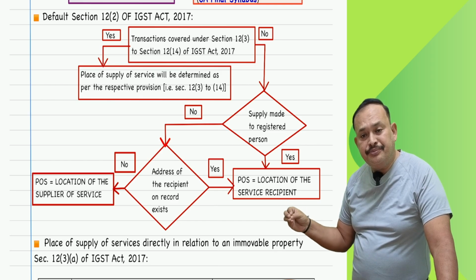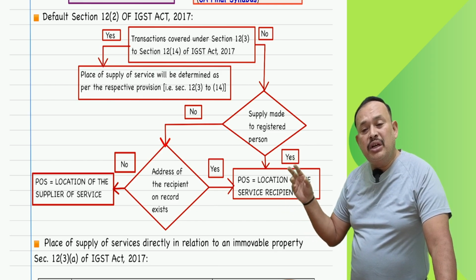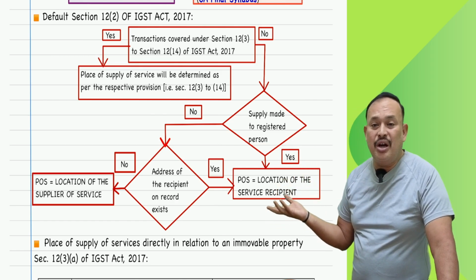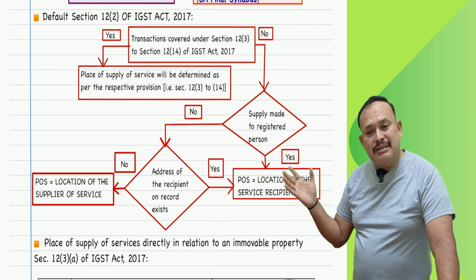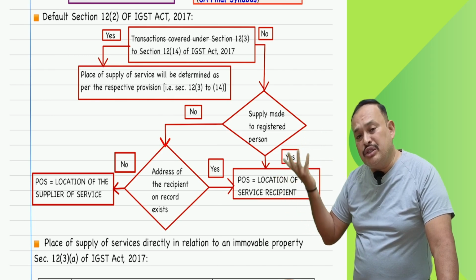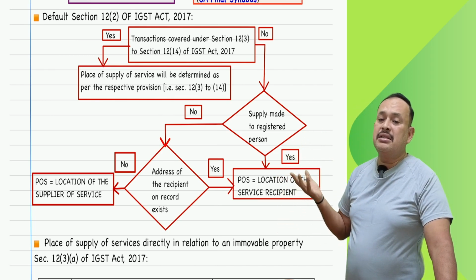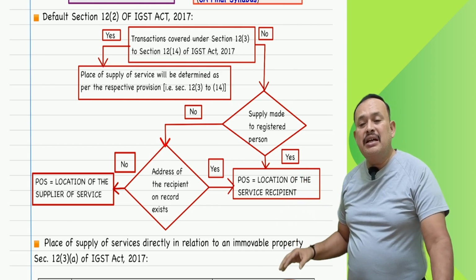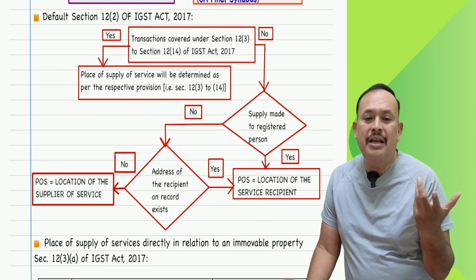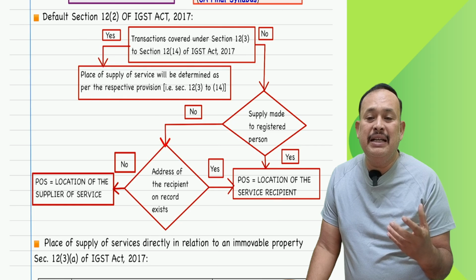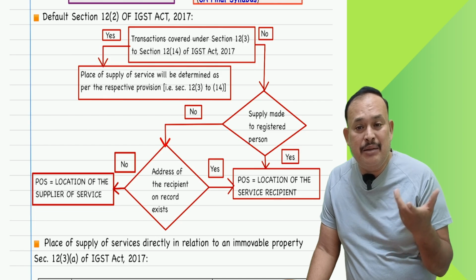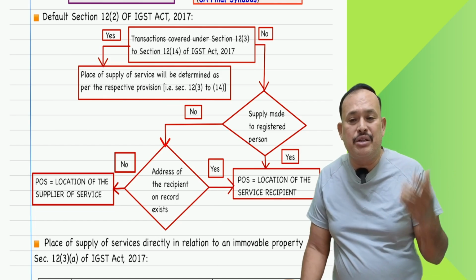If the recipient's address is also not available in the supplier's books, then the place of supply goes to the location of the supplier. Namely, the place of supply is the location of supplier, and if location of supplier and place of supply are in the same state, in that case it is an intrastate supply.